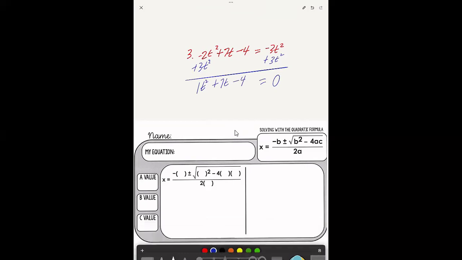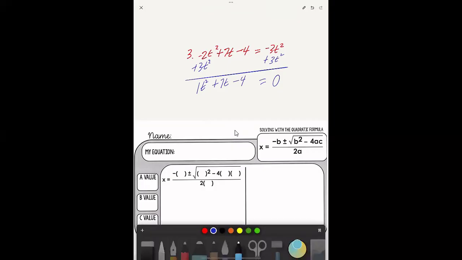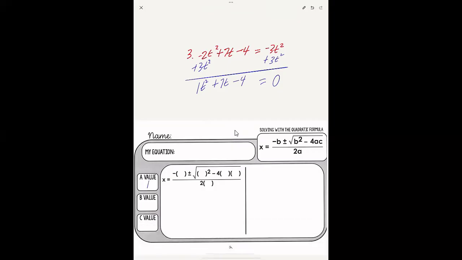So now we come down here, and this is going to be 1, this is going to be a positive 7, and this is going to be a negative 4. Notice the minus goes with the 4, and the plus goes with the 7, but we don't need to say plus 7 because we automatically assume it's a positive 7. But the minus needs to go with it. And then again, you're just going to plug 7 in here, plug it in these two places, and negative 4 goes here, and then the calculator will do the rest.